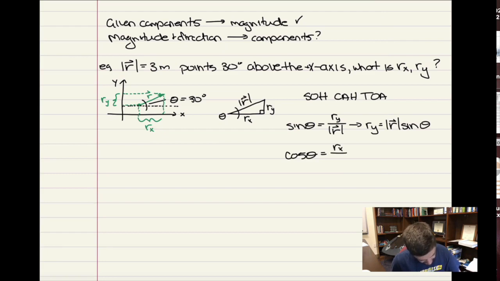Cosine is similar, though with the adjacent side of the triangle. So the x component here is the hypotenuse times the cosine of that angle.